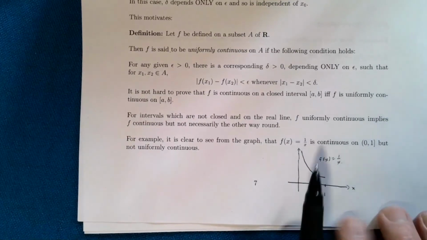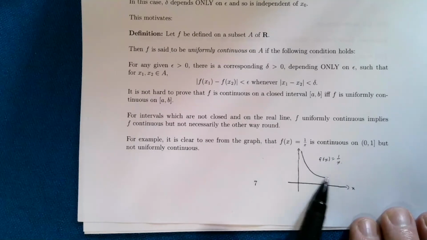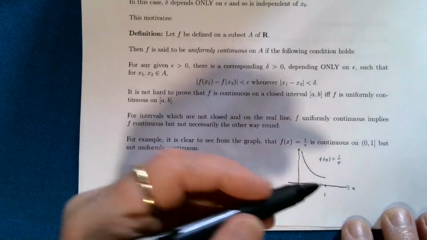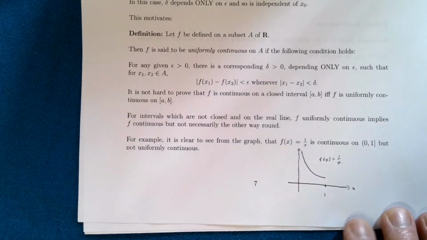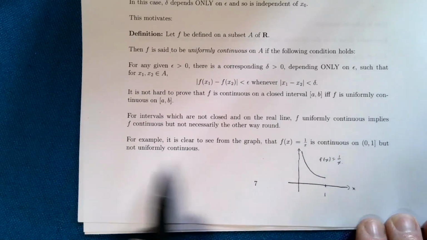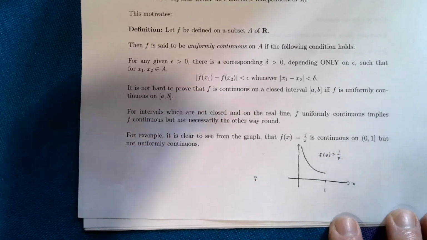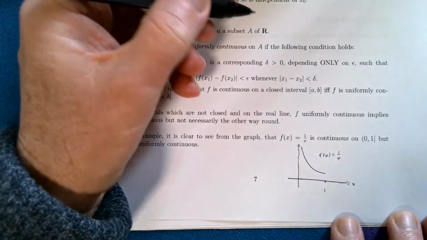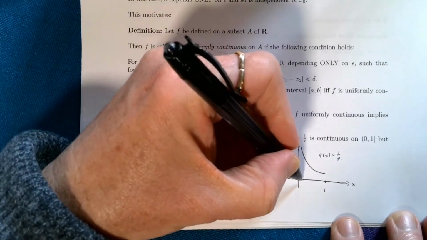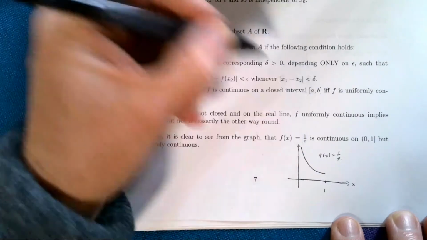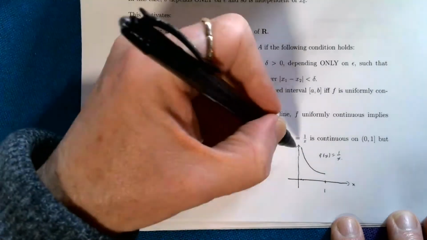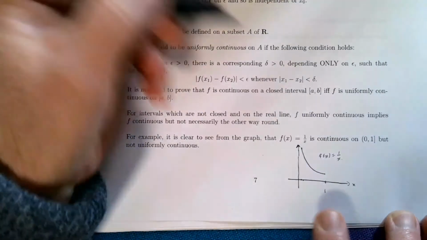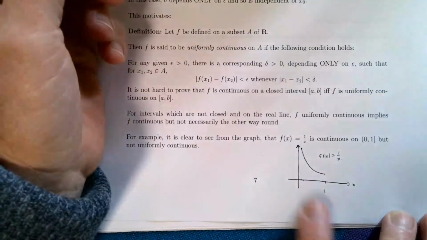For example, if we look at the graph of 1 over x, which looks like this, just on the half open interval 0 to 1, so I'm excluding 0 but including 1, then it's pretty clear that this can't be uniformly continuous, because as I get closer and closer to 0 here, then points that start out very close together are not going to end up terribly close together unless I specify that in terms of how close I am to 0 here.